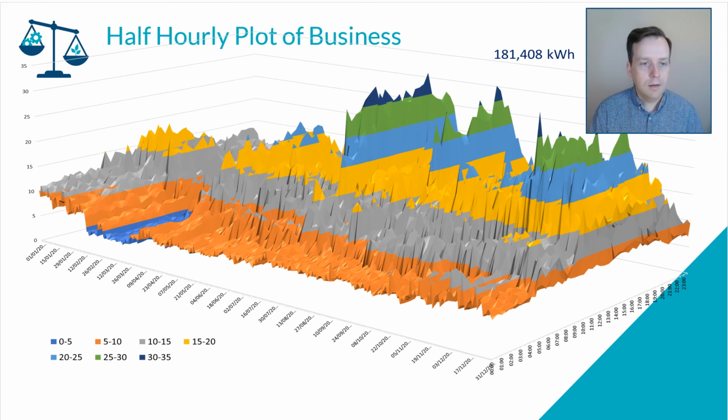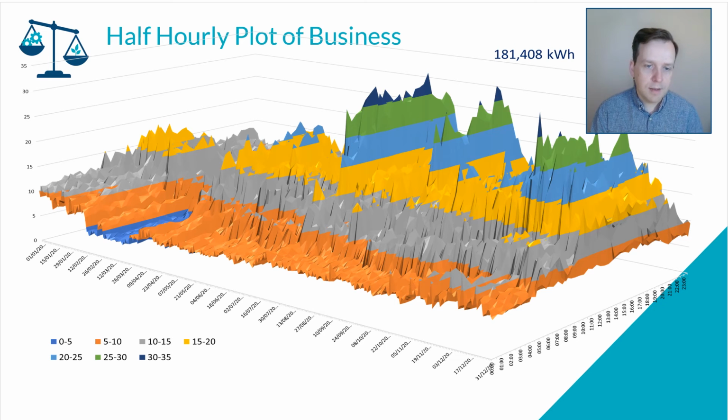Along this axis, we start from 1st of January 21 all the way to the 31st of the 12th 21, and along the depth axis, we start at midnight, midday, all the way through to midnight. What you can see here is the peaks and troughs of the actual consumption, and what you can notice is some significant spikes through the summer.